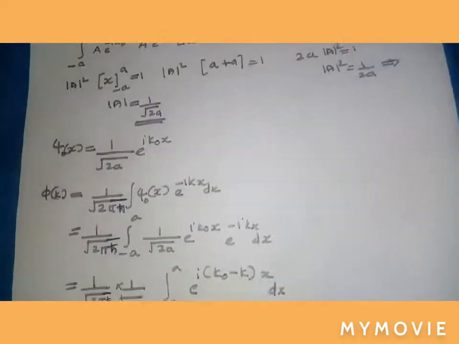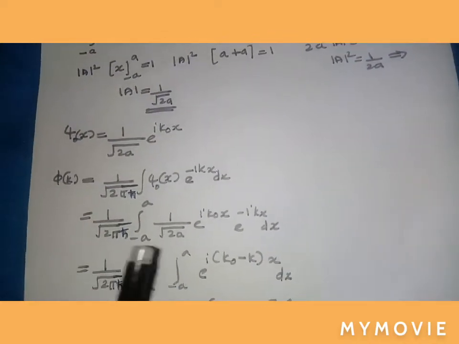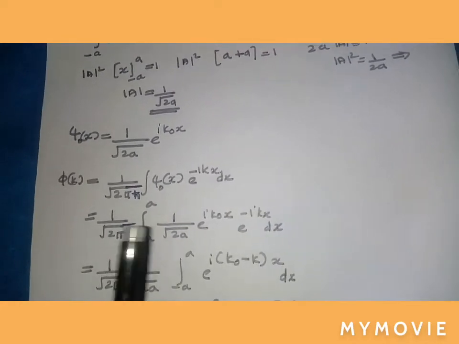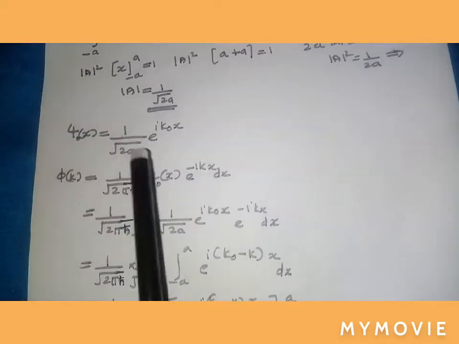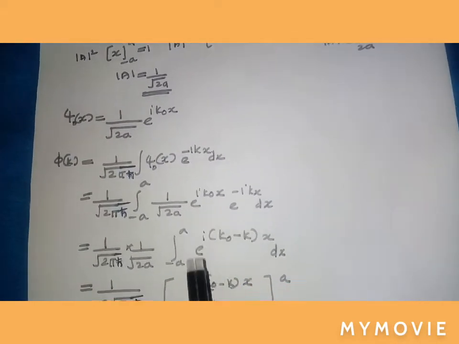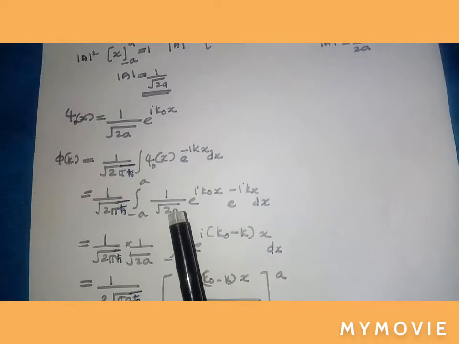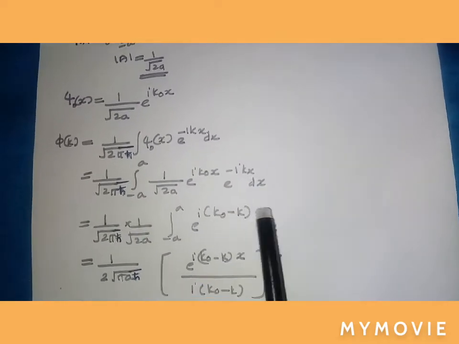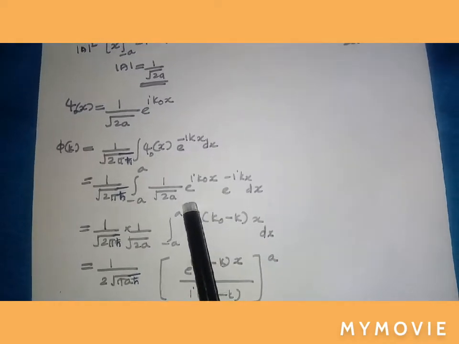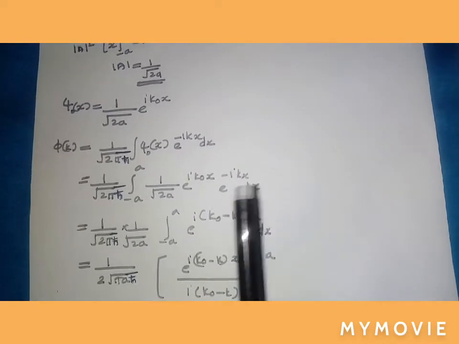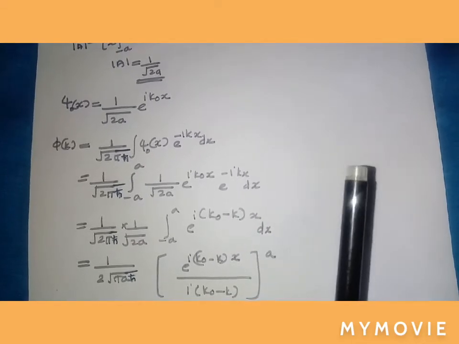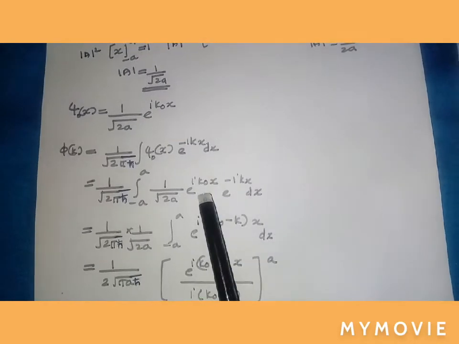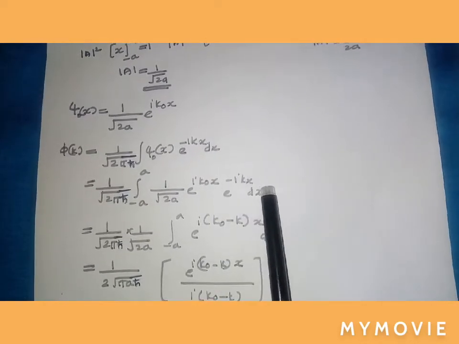So here we find that 1 by under root 2 pi h cut integral psi 0 of x e raised to minus i k x dx is the equation for this, and psi 0 of x is this value, so substitute this. We know that 1 by root 2a is constant, so take it outside, e raised to i k naught minus k x dx.